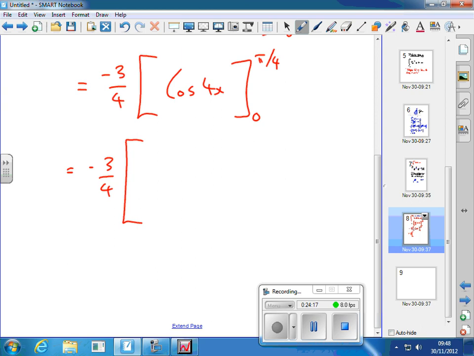And now, again, I put the limits in. What's the cos of 4 times pi over 4? Minus, what's the cos of 4 times 0, which is just 0.